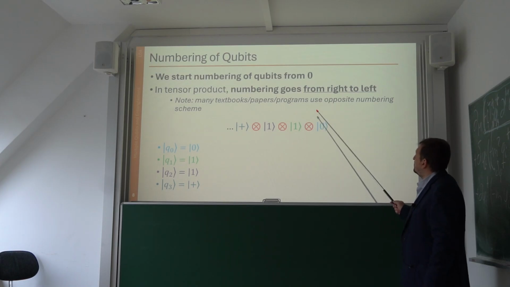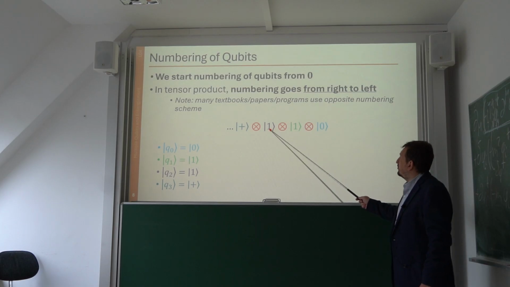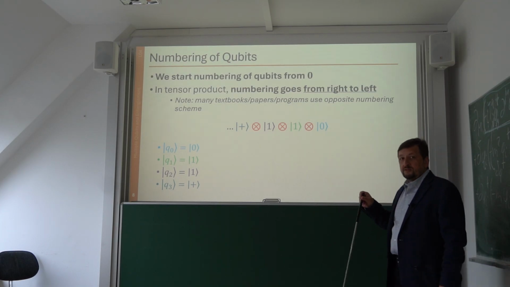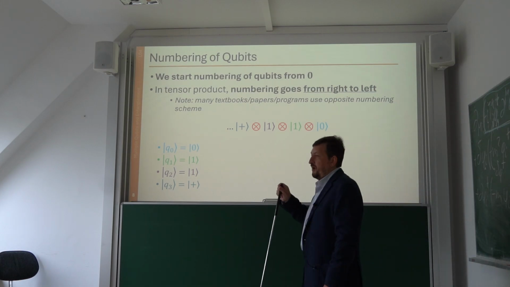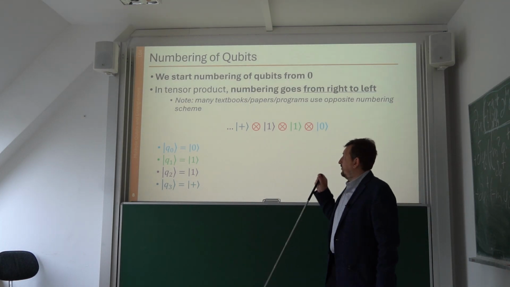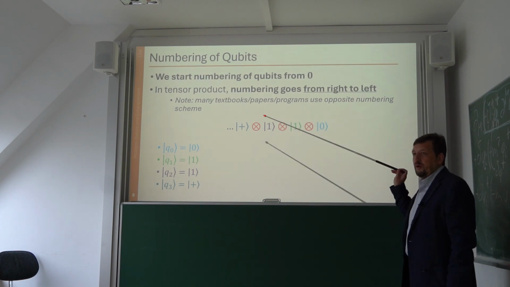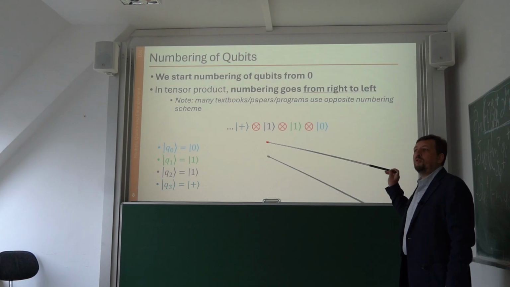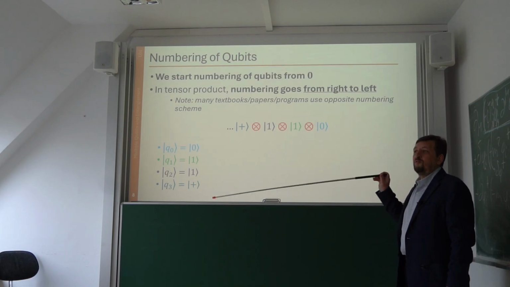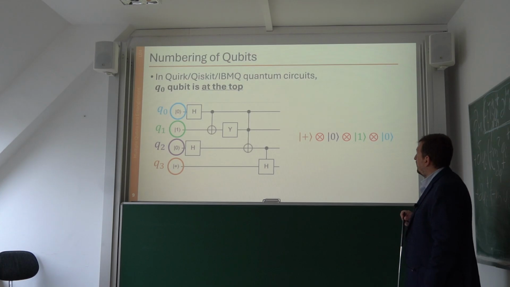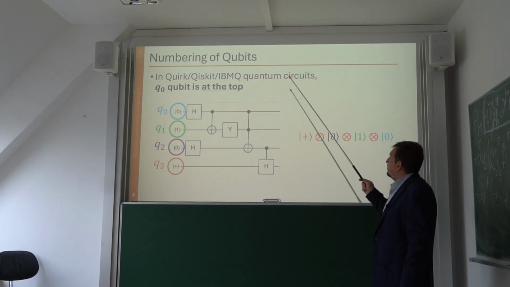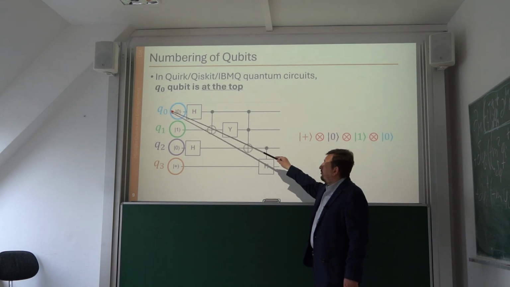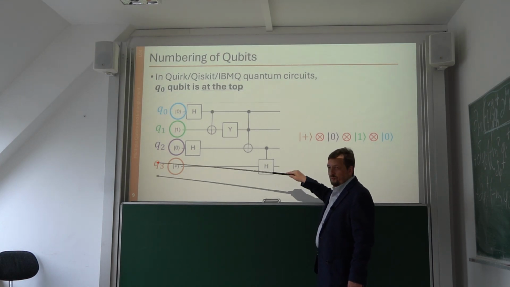So this is qubit 0, this is qubit 1, qubit 2, qubit 3, and so on. This is the way how Qiskit and IBM work. So when I draw some formula here, you can use exactly the same formula in Qiskit and it will work. And in Qiskit and IBM, qubit number 0 is at the top, so 0, 1, 2, 3, and so on.